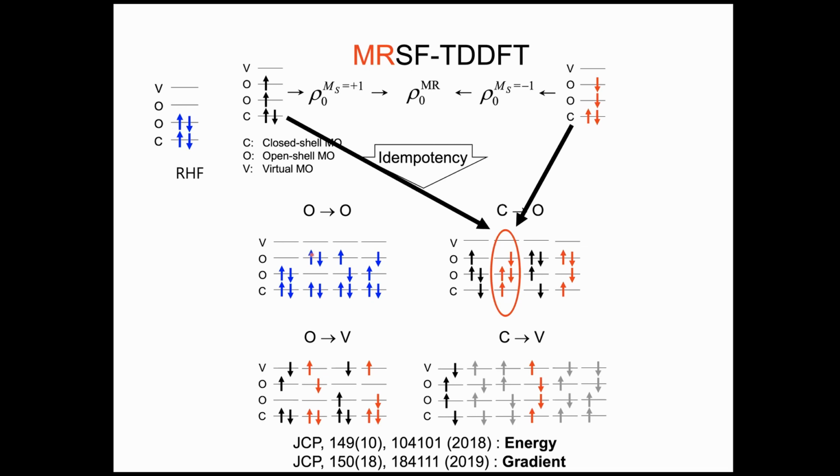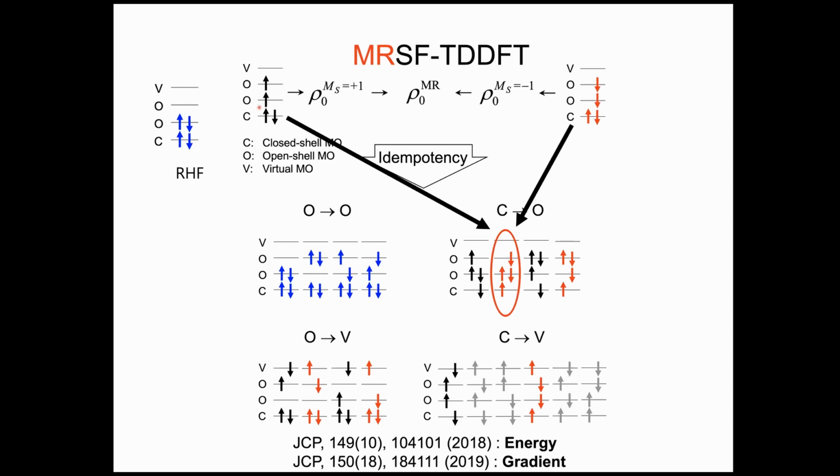This is exactly the configuration Michael included in his RAS-CI. This is necessary, but linear response theory cannot generate this doubly excited configuration because, as I told you, it's the CI singles theory. In the CI singles theory, there's no way you can excite two electrons. Therefore you cannot get these doubly excited ones.